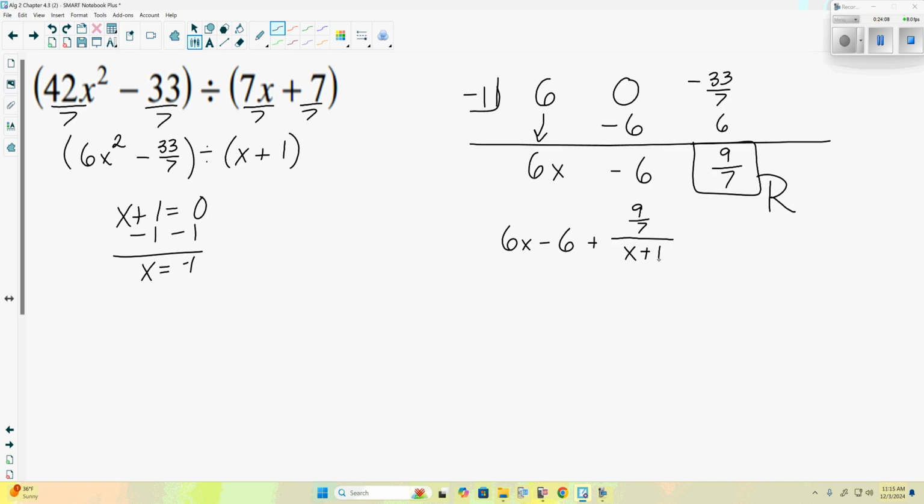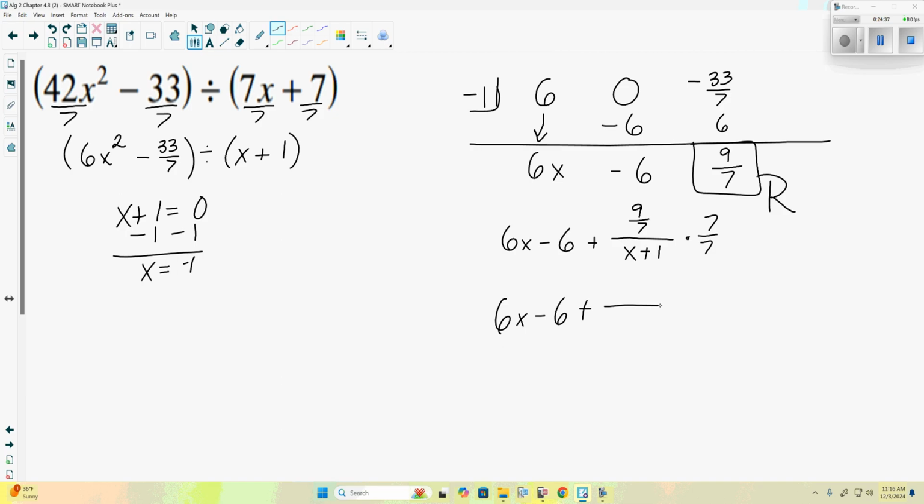Well, what did we do at the start? We divided everything by 7. So to adjust this, I'm going to have to multiply the top and bottom by 7. The bottom has no remainder, so since it was 0, we didn't have to worry about it. Part of the reason we have to fix this is that we have a fraction in a fraction.